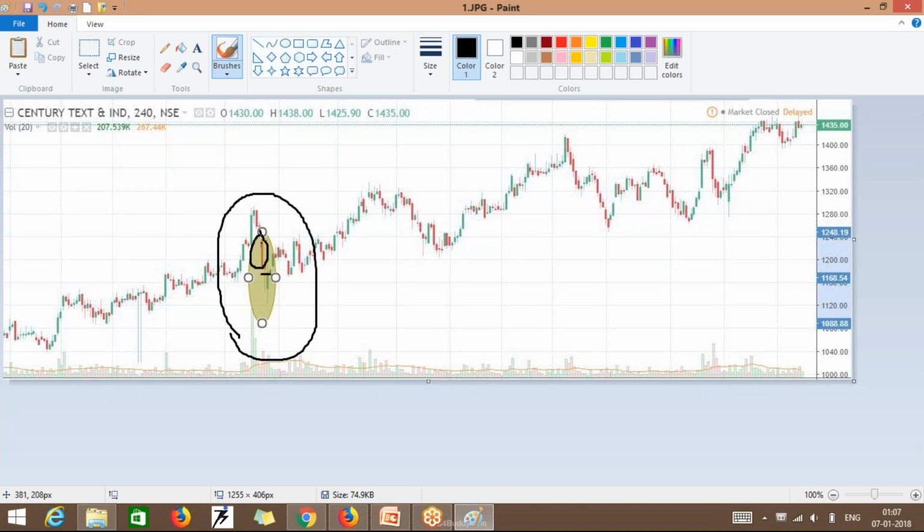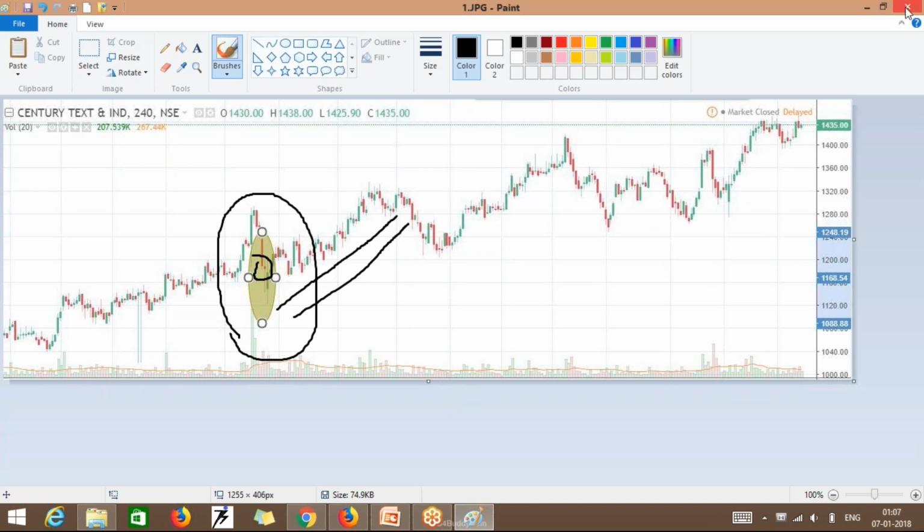You can see exactly this was the open, this was the close. See, the real body is in between the previous candle, and the pin bar is formed at the close of this candle. Can you see how the stock price rose to this level?